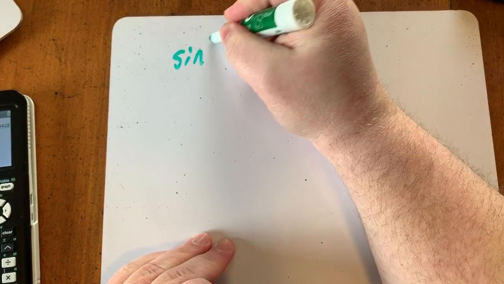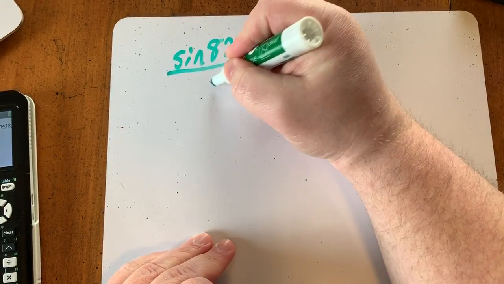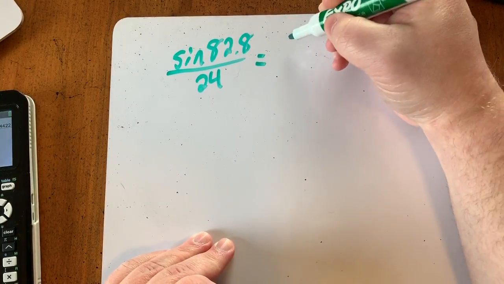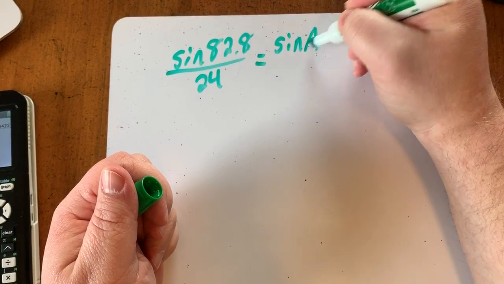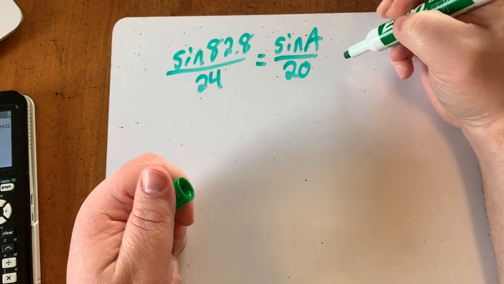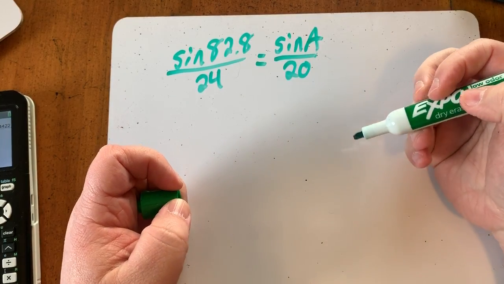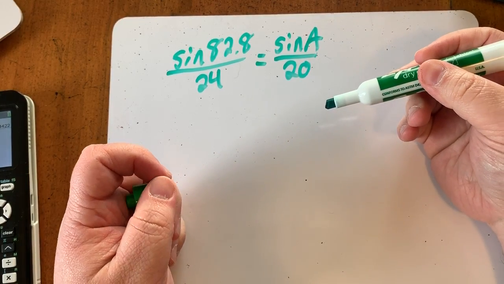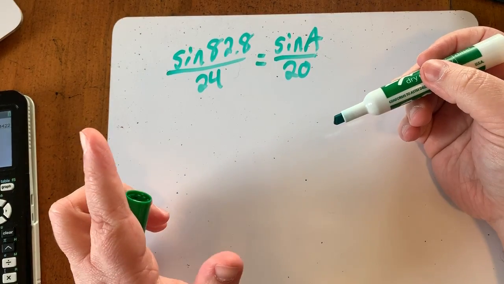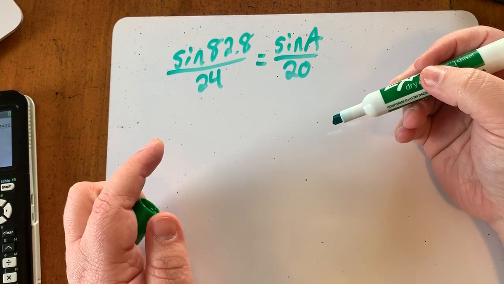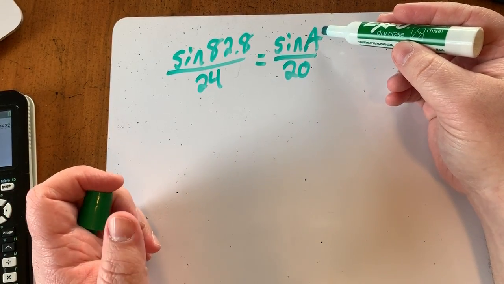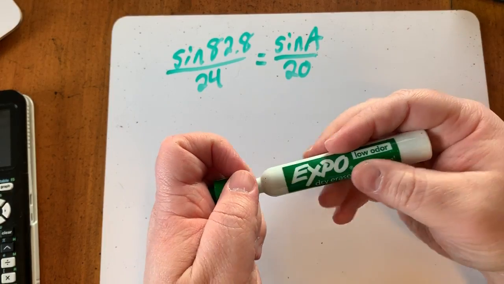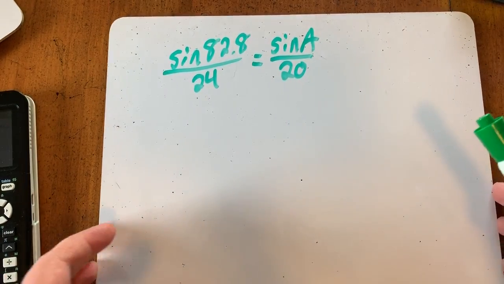So sine of 82.8 over 24 equals, and then I'm going to find a, sine of a over 20, and then solve this equation. But I'm not going to do that this time, just because we're practicing with the law of cosines. You can do it this way, and then you'd find angle A, and then obviously angles A, B, and C add up to 180, so you wouldn't need to use trig to find the last angle.